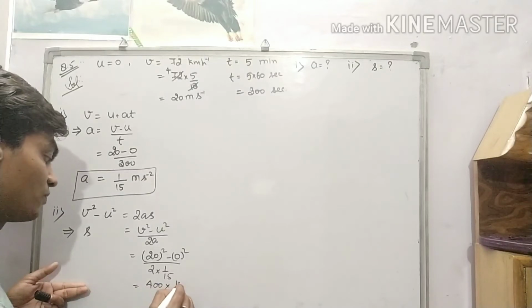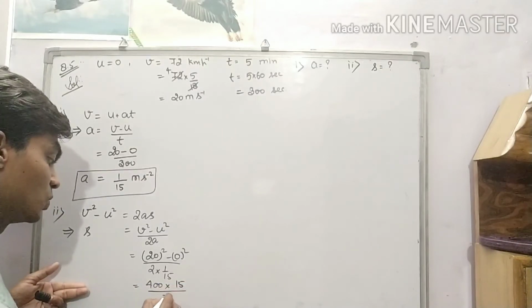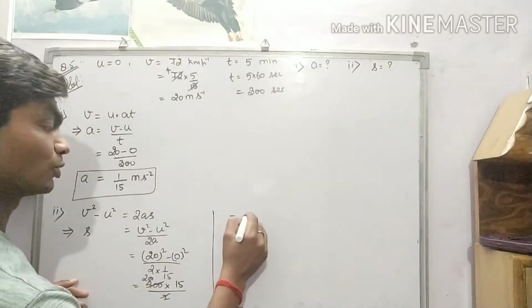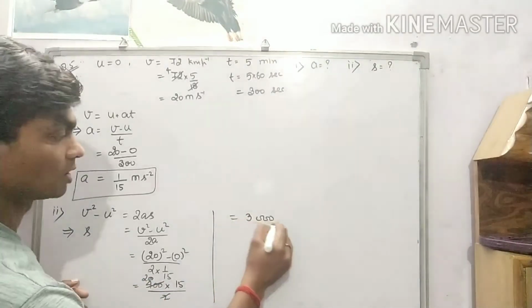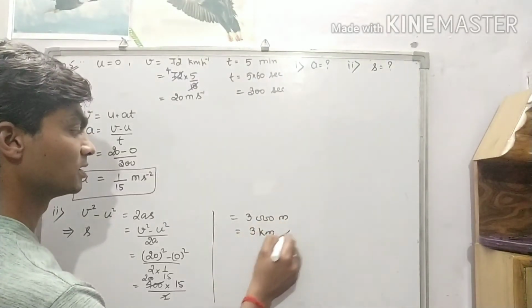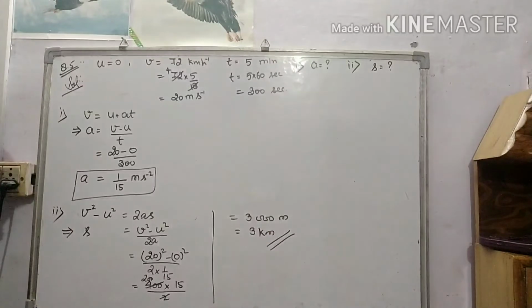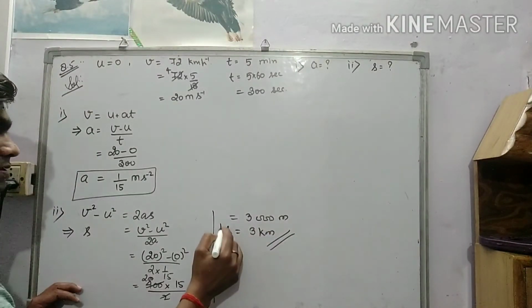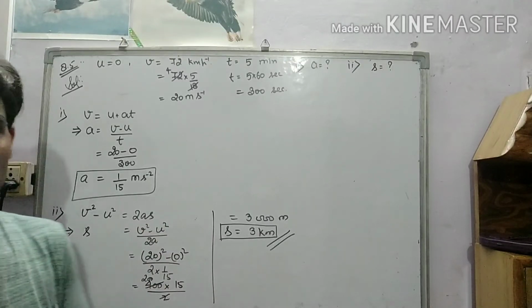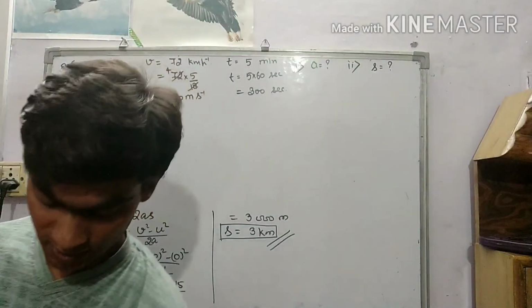So 400 into 15 upon 2 equals 3000 meter or 3 kilometer. This is the second answer. This was the distance. Correct? This was the method of how to solve two questions.